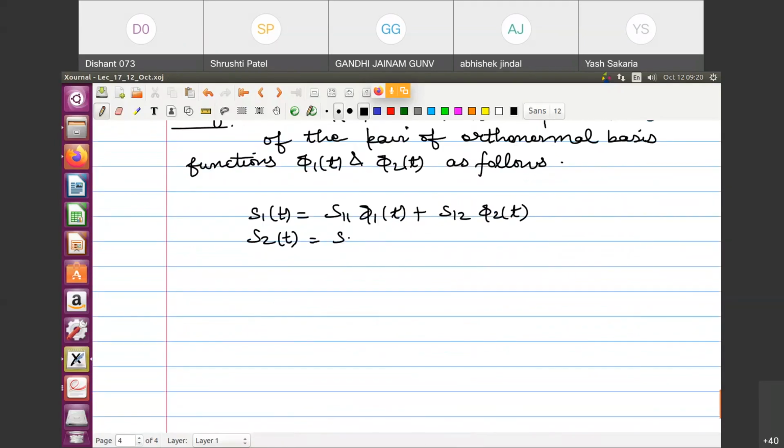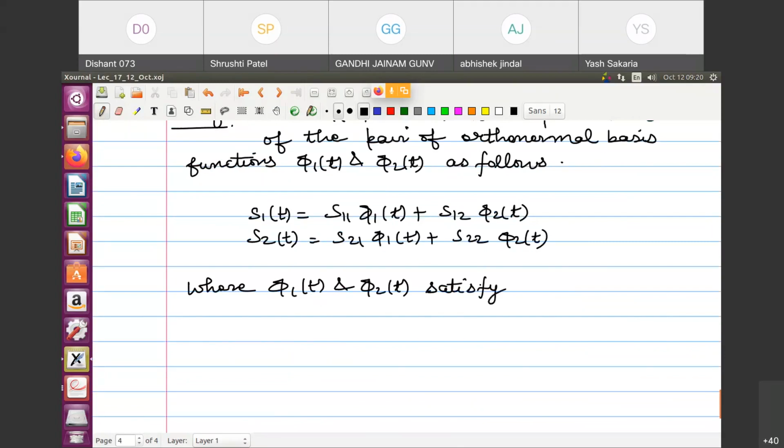Where phi1t and phi2t satisfy the orthonormality condition over the entire time.